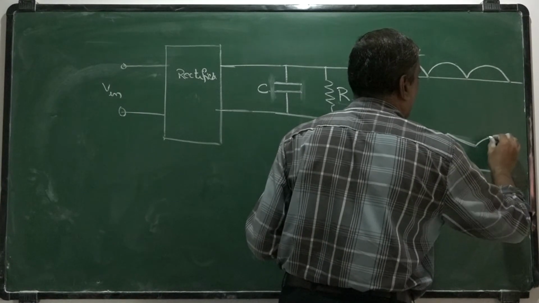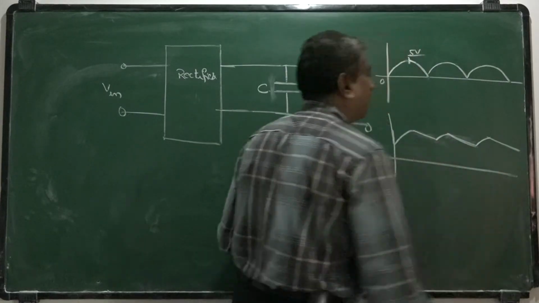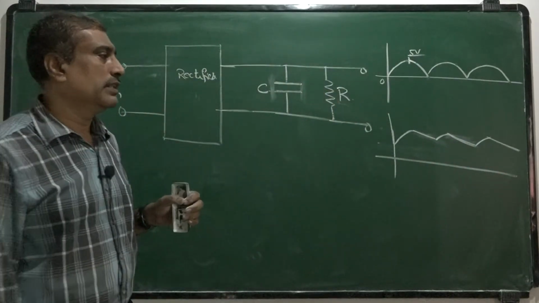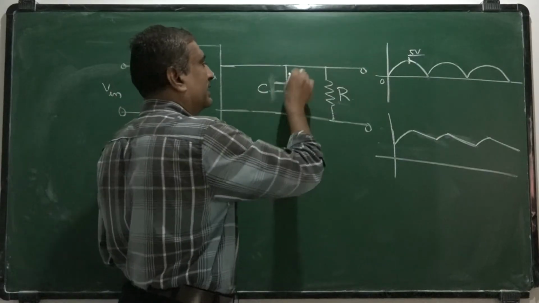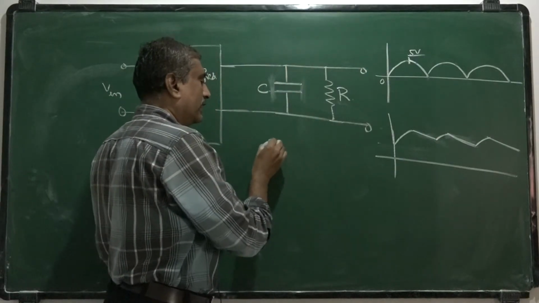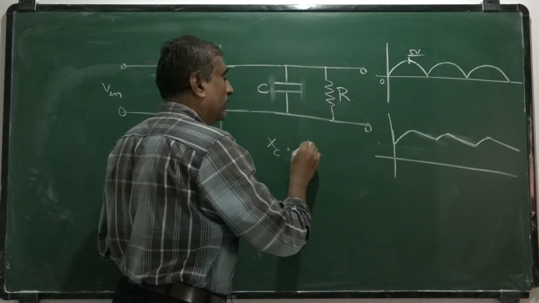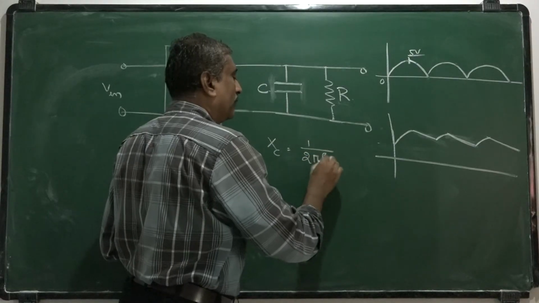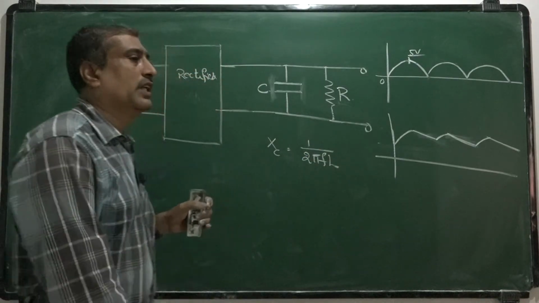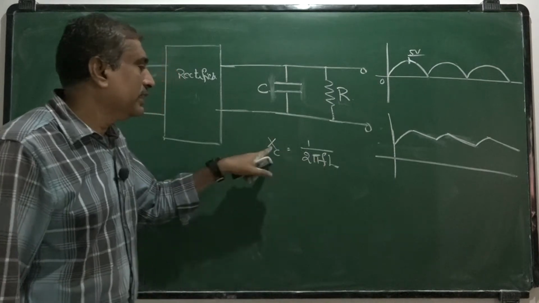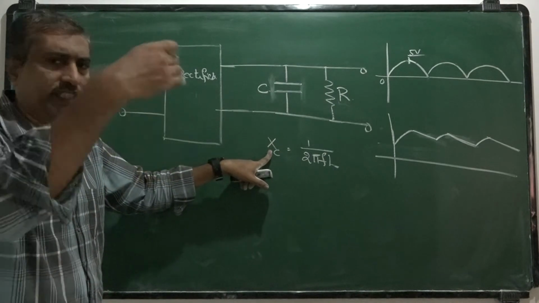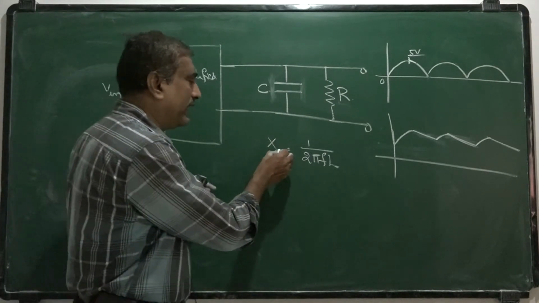Like this. That means, or we can say like this, as we know, the capacitive reactance is given by 1 by 2 pi FC. If the frequency is high, this reactance is low. That means reactance means resistance. This capacitive reactance is low.